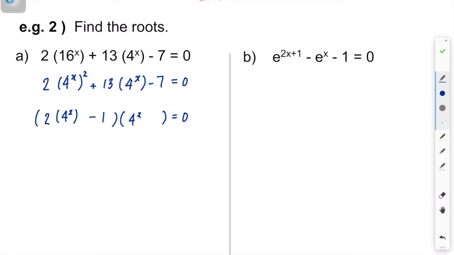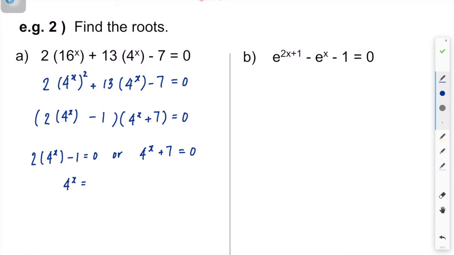This is minus 1 and plus 7. So now I have two linear equations, or linear looking equations, right? And then we can make use of that to solve for 4 to the power of x.